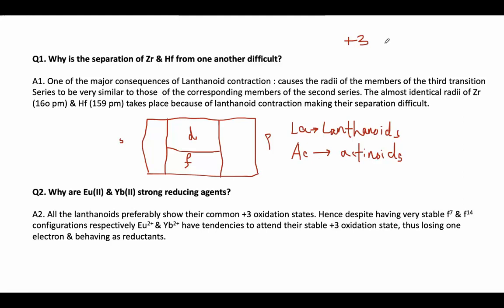And now if we discuss their chemistry, it provides an excellent opportunity to examine the effect of very small or minute change in the size, or you can say the radius or the nuclear charge or the ionic potential along a series or along a period.